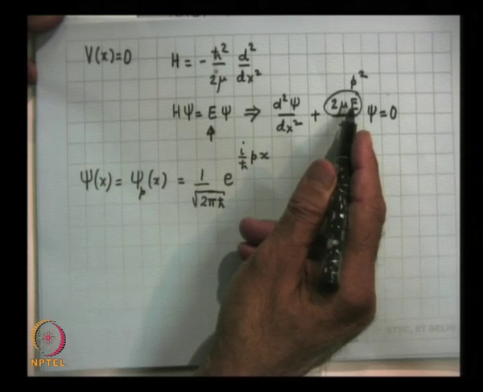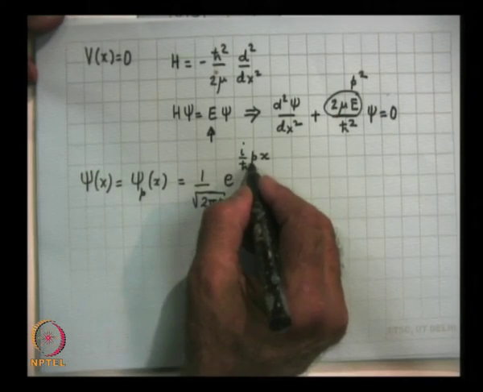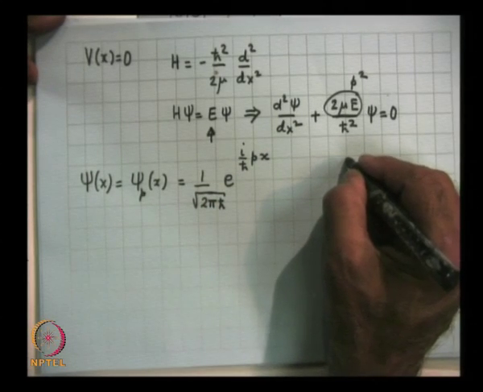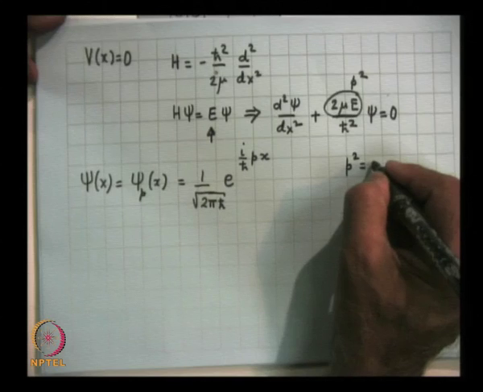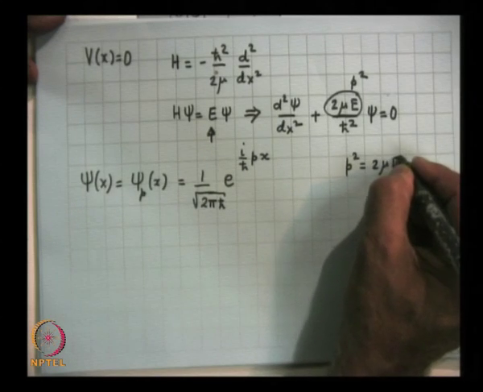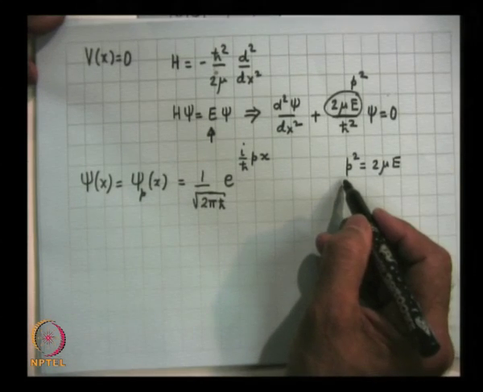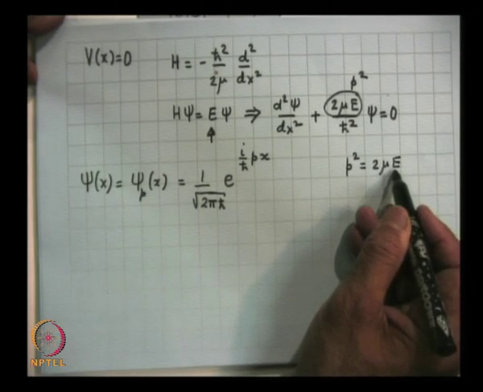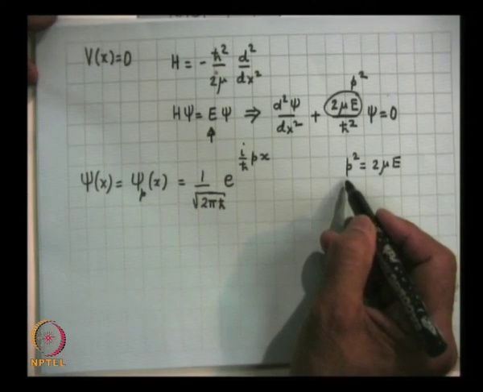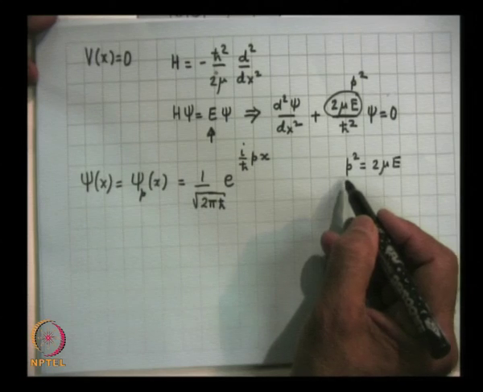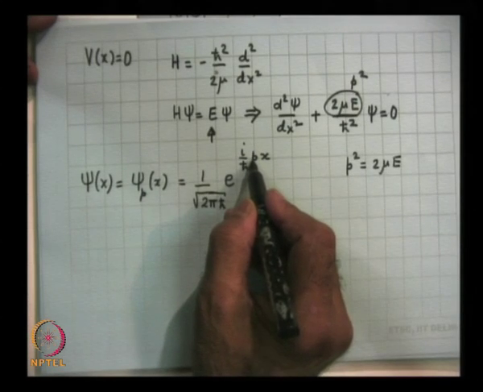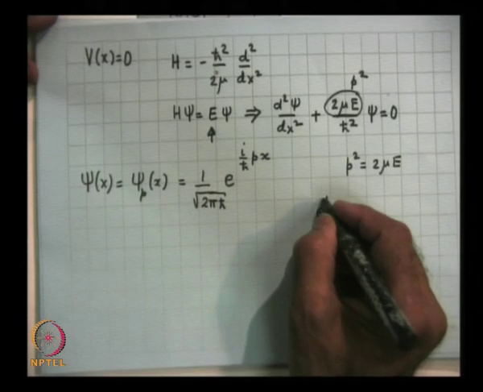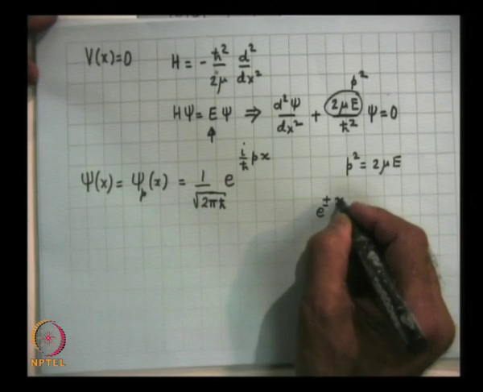E has to be positive, because if E becomes negative, as you can see, p square is equal to 2 mu E, so p will become imaginary. If p becomes imaginary, then i p x will be something like either plus or minus kappa x.